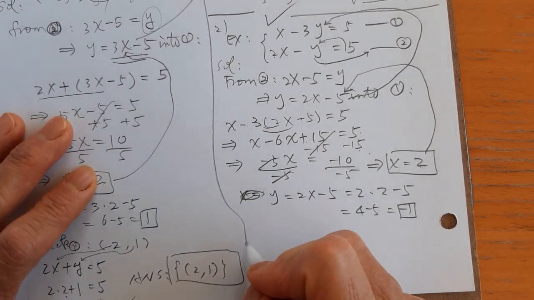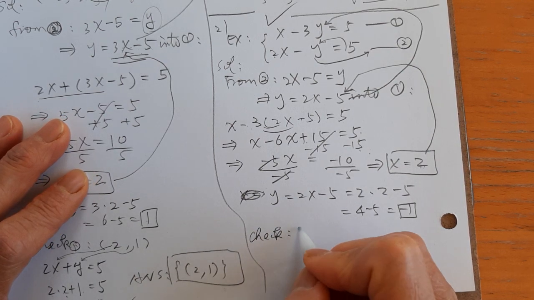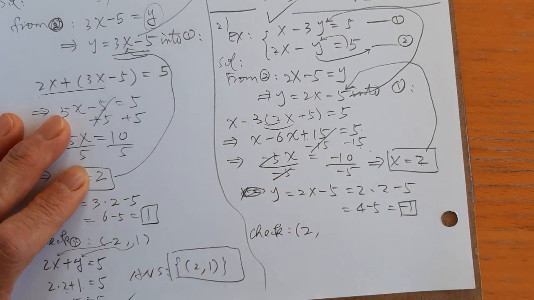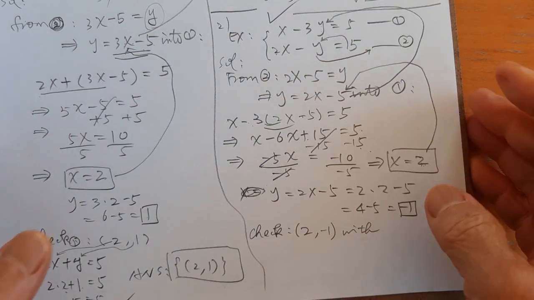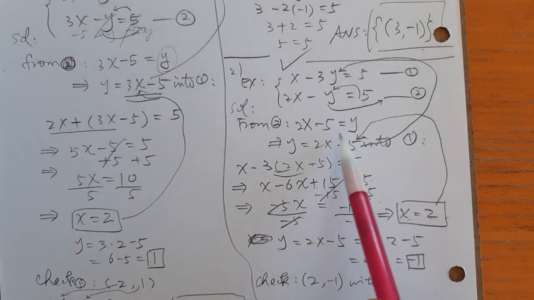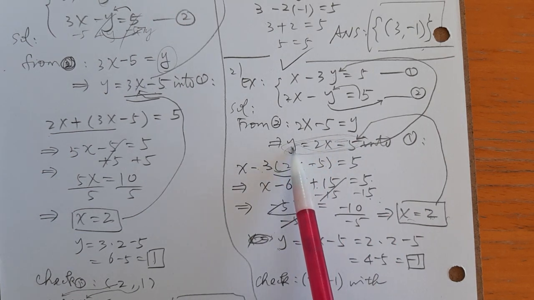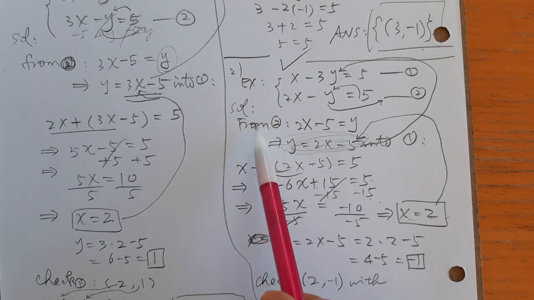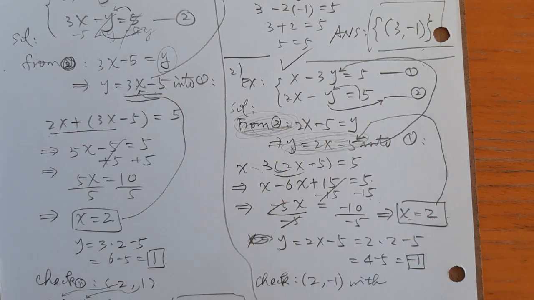And then you will check this x coordinate 2 and y coordinate negative 1 with which one? Since x equal 2, plug into this to get y, and this equation comes from the second equation, you don't need to check with the second equation. Check with the first equation.